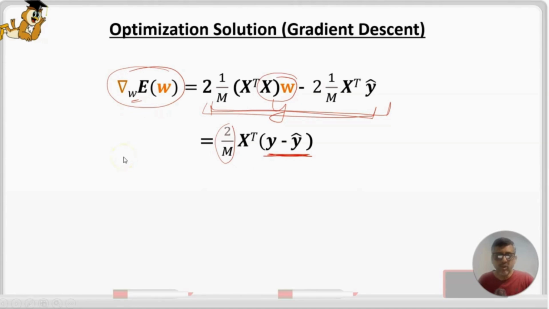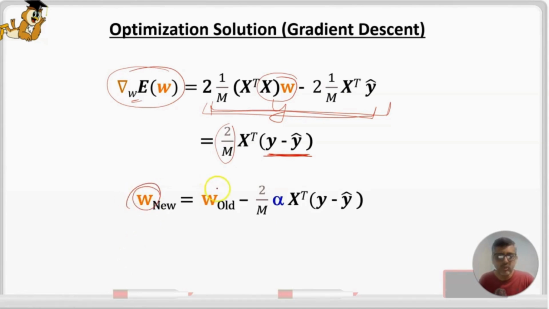And therefore what we are going to do is your new w is going to be your old w minus, because of the direction of negative gradient, alpha, which is our step size, learning rate, call it what you will, a small positive number, multiplied by x transpose times (y minus y hat).